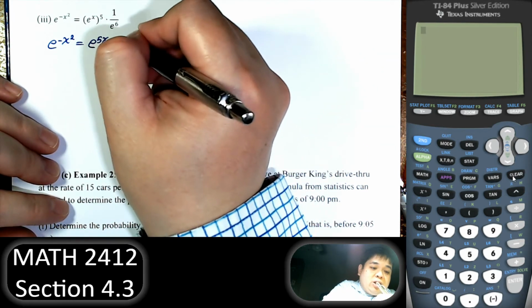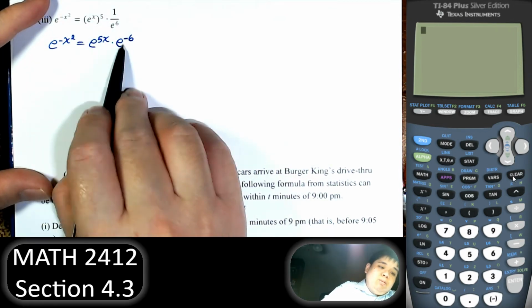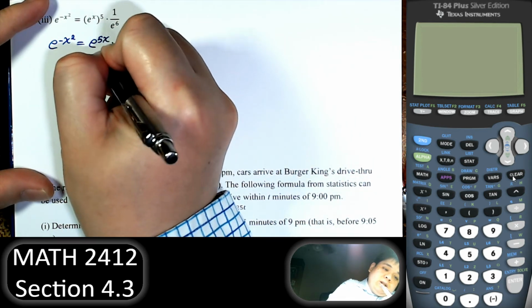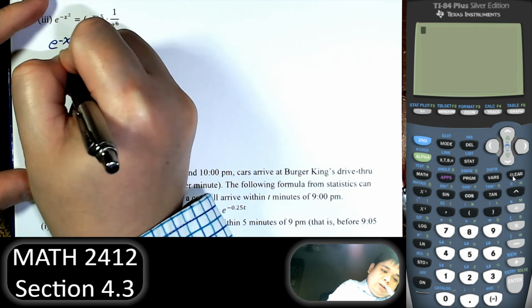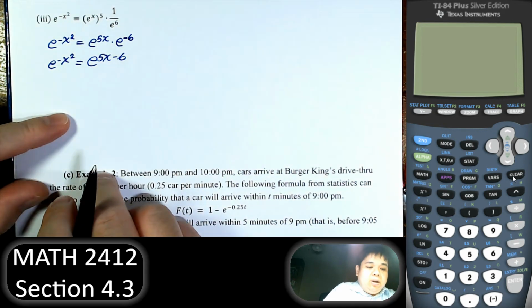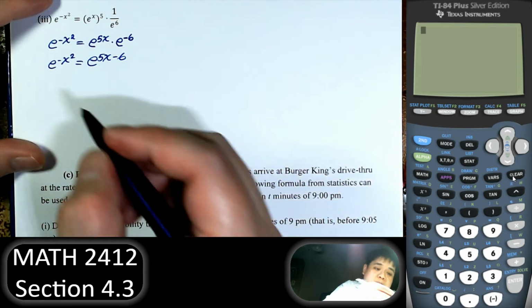Cross the line, change the sign, change to negative. Multiply together, we can combine the exponents. Now two things are equal, the exponents will be equal.